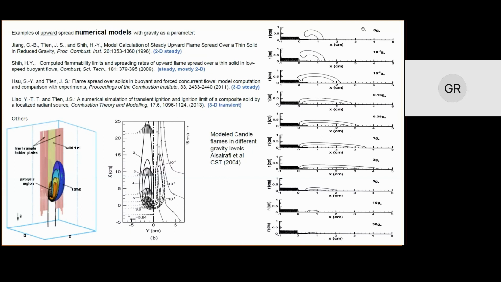Then we have 3D steady, and finally 3D unsteady. The model has a lot of detail. On the right, you can see a model with different G for a candle flame, all the way from 0G to 30G, where flame length is not monotonic. Next, conclusion.